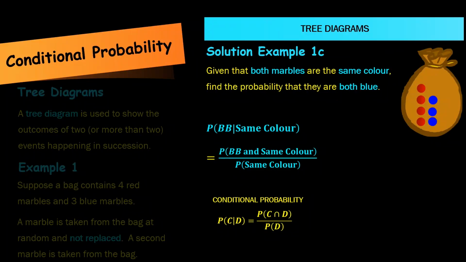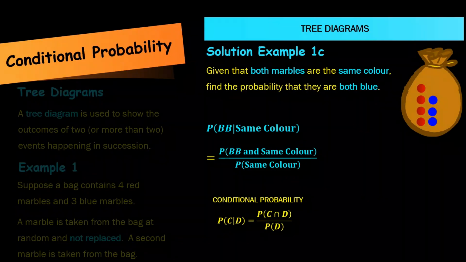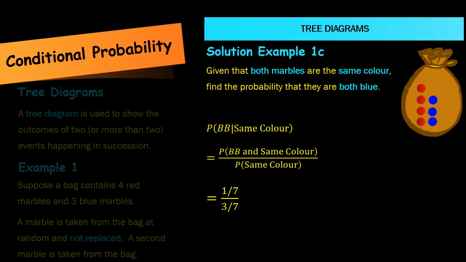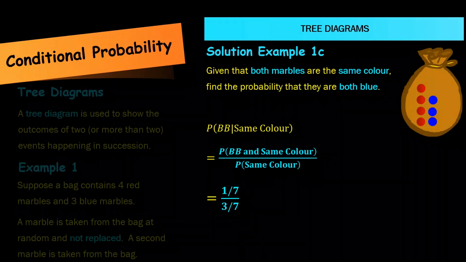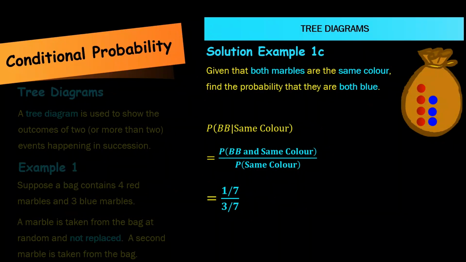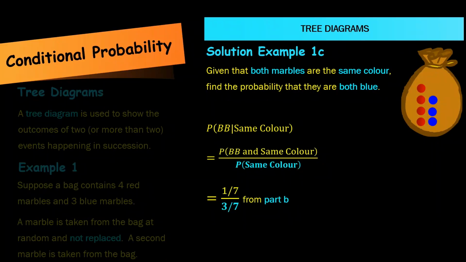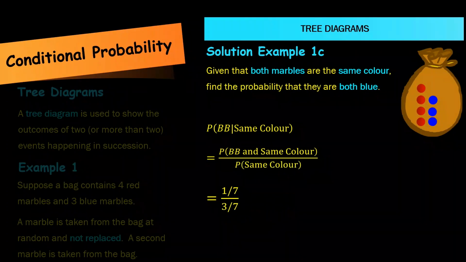Probability of C given D equals probability of C intersect D divided by probability of D. And this is equal to 1 over 7 divided by 3 over 7. So 1 over 7 comes from part A and 3 over 7 comes from part B. And this is equal to 1 out of 3.